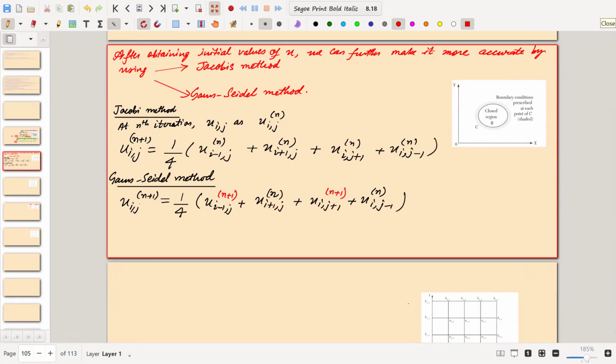This should give you a glimpse of your first semester, how you use Gauss-Seidel and Jacobi. In Gauss-Seidel, you always use the latest value available. So here the left and the top use the latest values, and the others use the past values n. Therefore, Gauss-Seidel will be the more accurate method here.